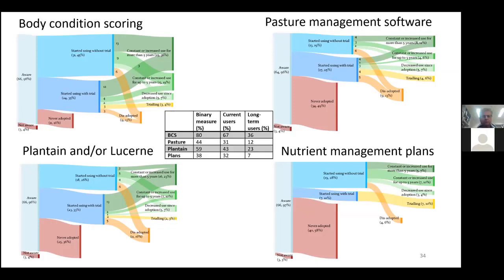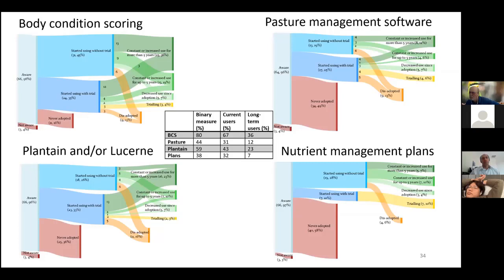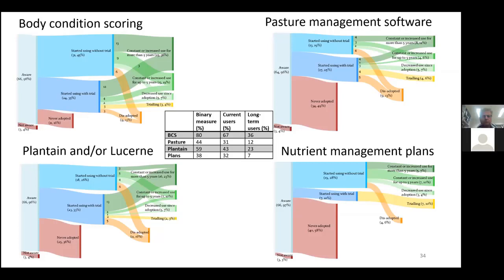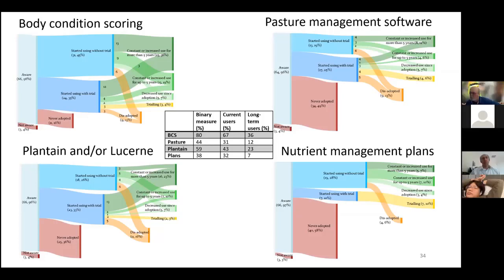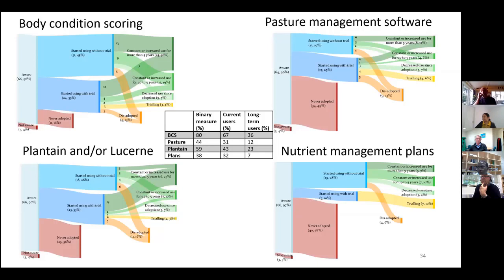But the important thing here, I think, is the way we currently measure adoption as a binary variable. In many cases, because you normally don't take disadoption into account in studies, you end up overestimating the adoption rates.